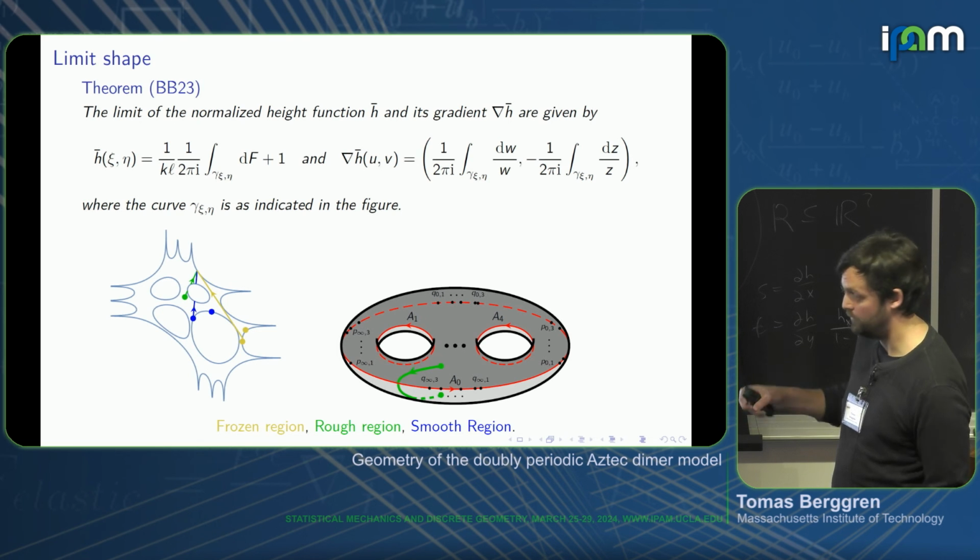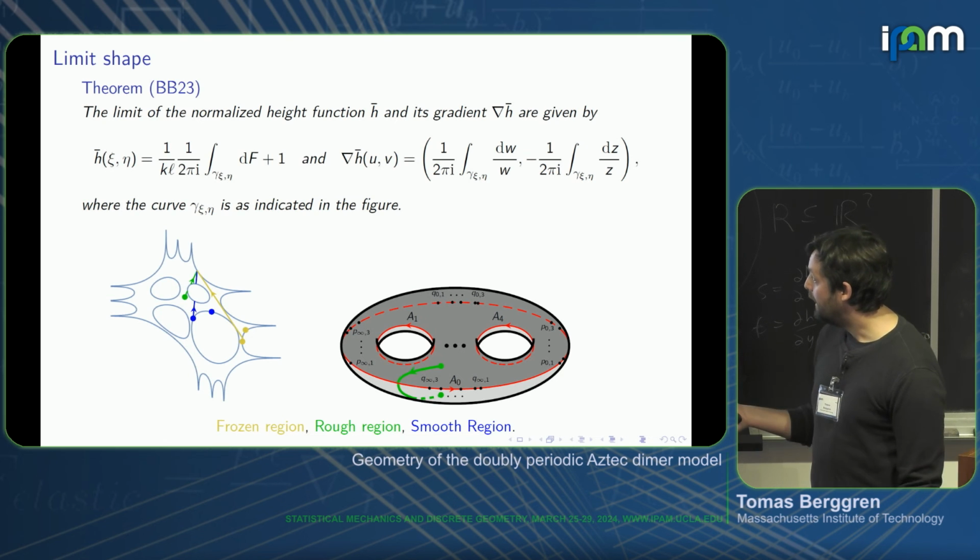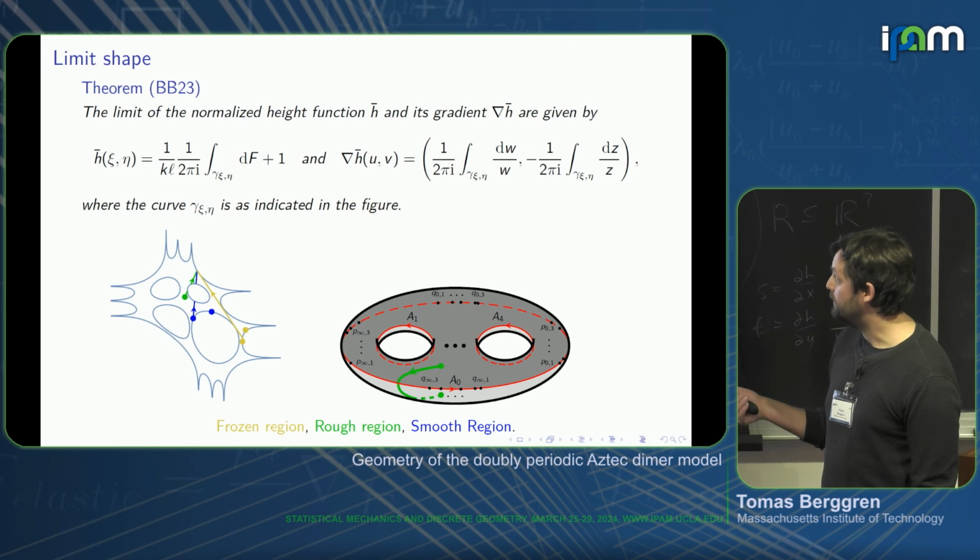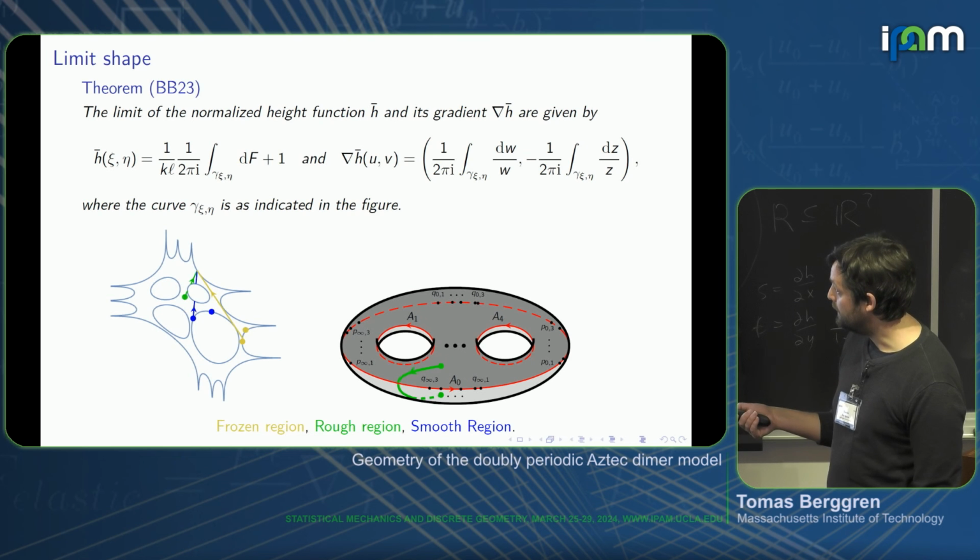So if you take the double cover, you get a curve looking something like this. And that's the curve for the liquid region. In the gas region, you have your critical points on the compact oval.